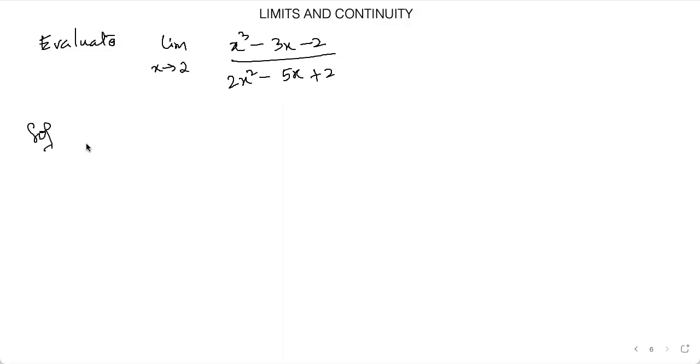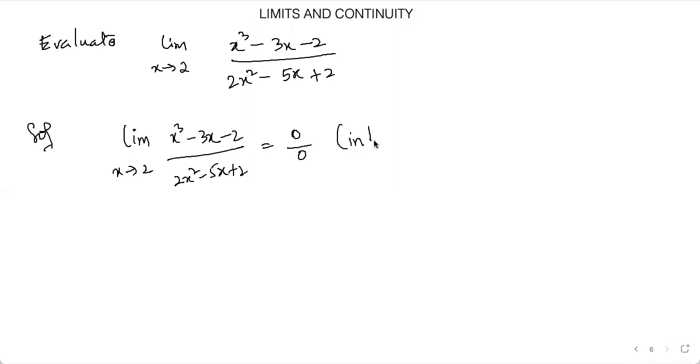Again, when you put x as 2, this tends to 0. That is x tends to 2, x cube minus 3x minus 2, and 2x square minus 5x plus 2. This becomes 0 by 0, which is an indeterminate form.